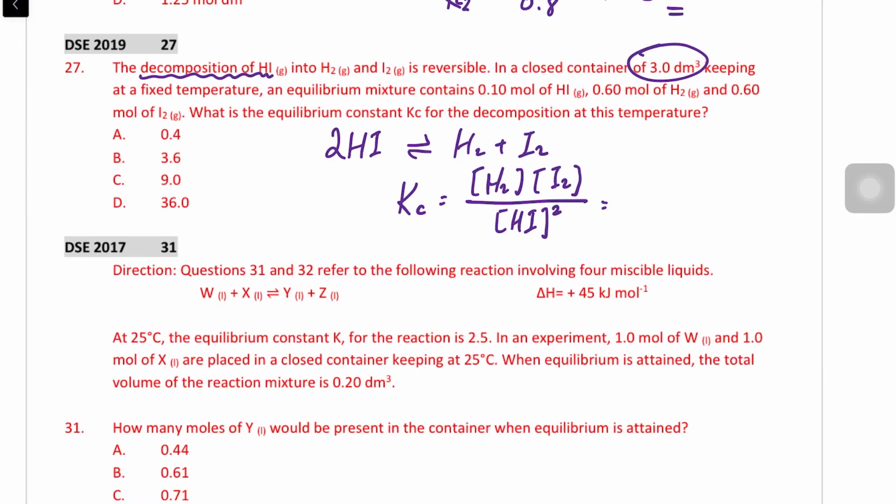See what information we got. In the equilibrium, we got this amount of HI, this amount of H2, and this amount of I2. Now, don't forget we are dealing with concentration, so don't forget to divide by the volume.